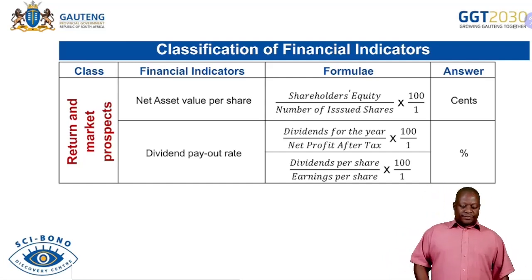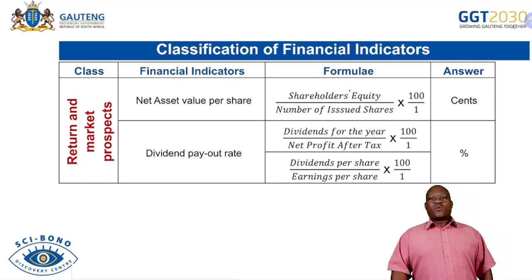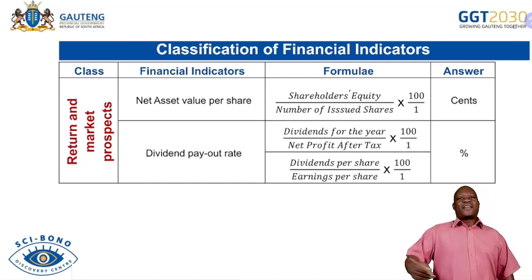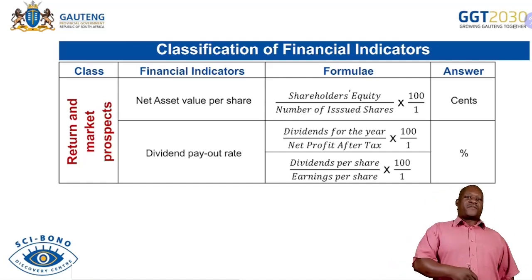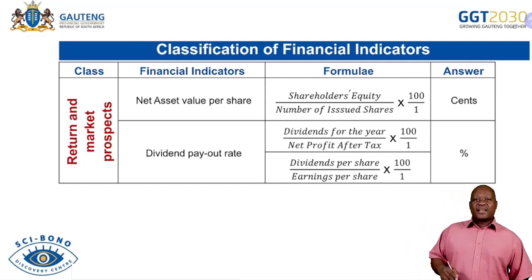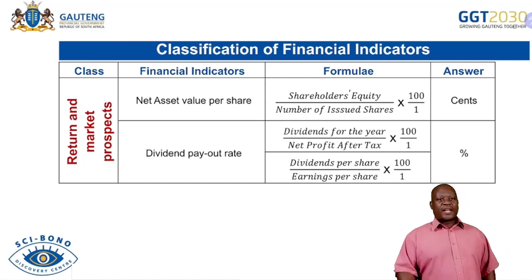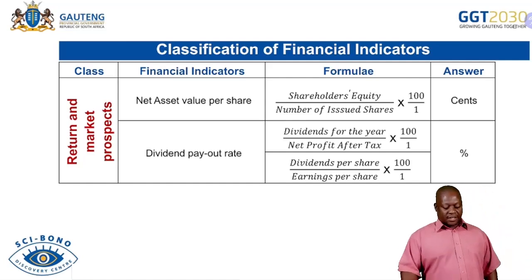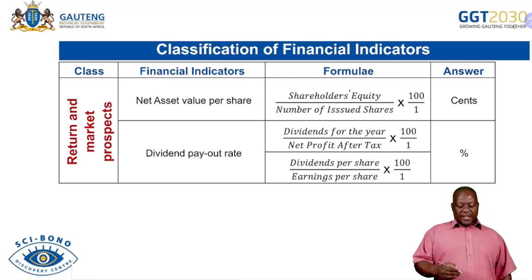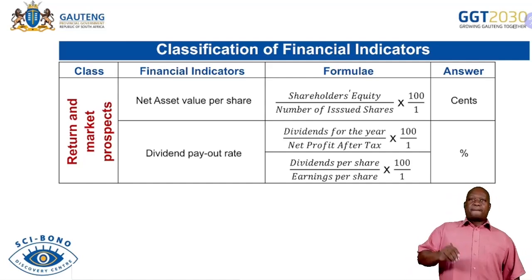And then we also have the dividend payout rate. We are saying the rate at which we are giving away dividends. And check here, where are we getting the dividends from? From the earnings. So that relationship between earnings and dividends comes to the front. So how do we get our dividend payout rate? It is simply dividends per share divided by earnings per share.